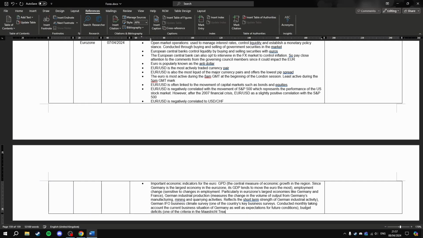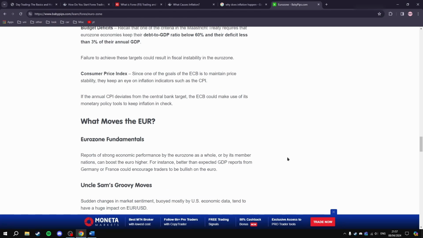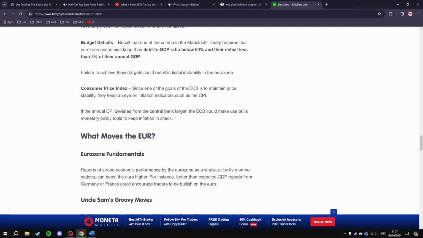Failure to achieve these targets could result in fiscal instability in the Eurozone.